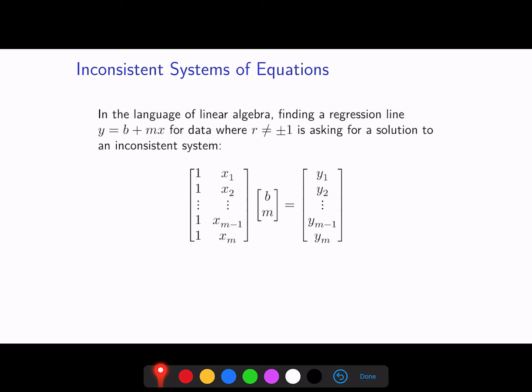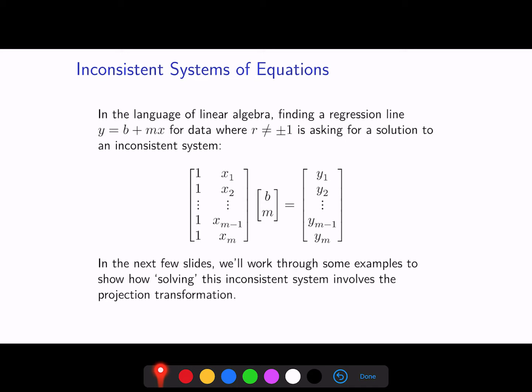That is to say, looking at this system of equations and asking for a solution is asking, is there a slope and intercept that would make a line that goes through all my x's and all my y's? I just reminded you that if our correlation coefficient is not plus or minus 1, there will not be such a set of parameters. So we're talking about an inconsistent system.